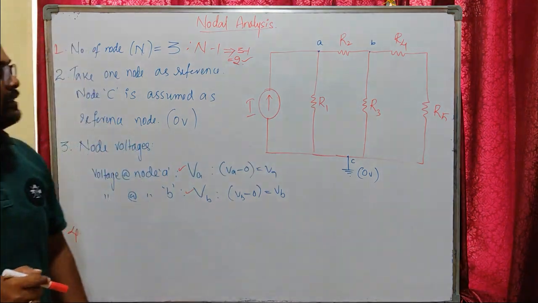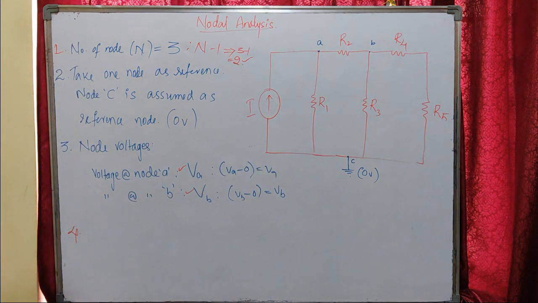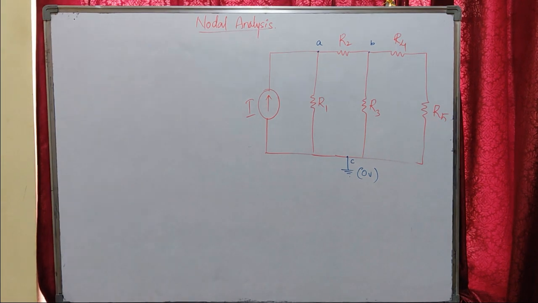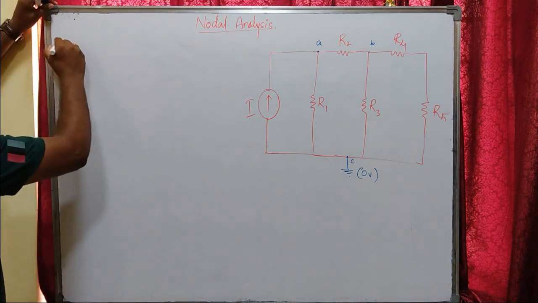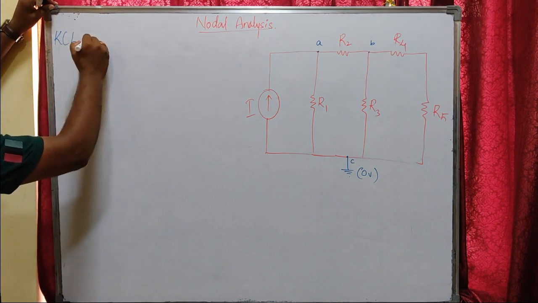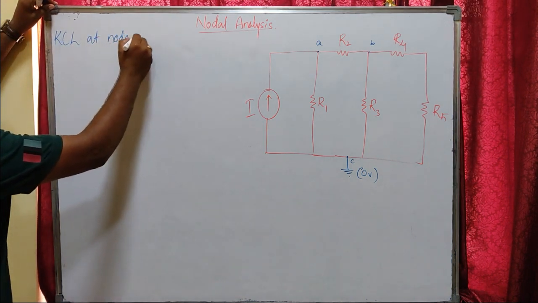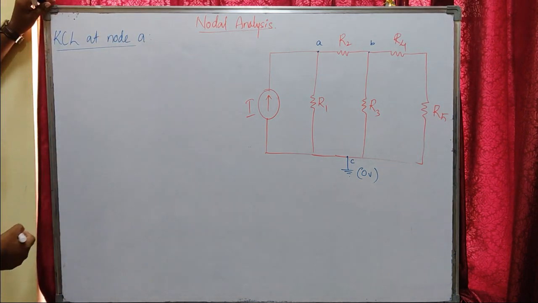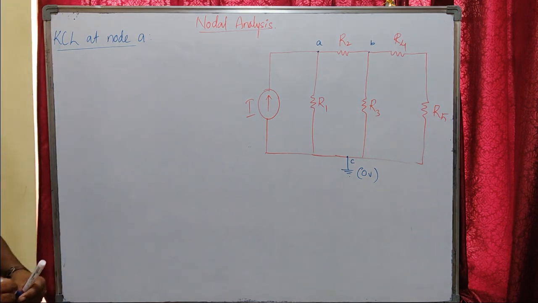Now let us write KCL at node A. That is our first KCL equation.